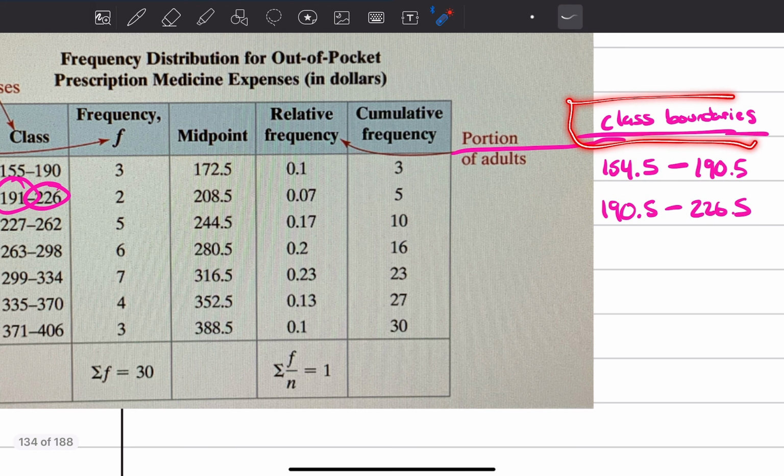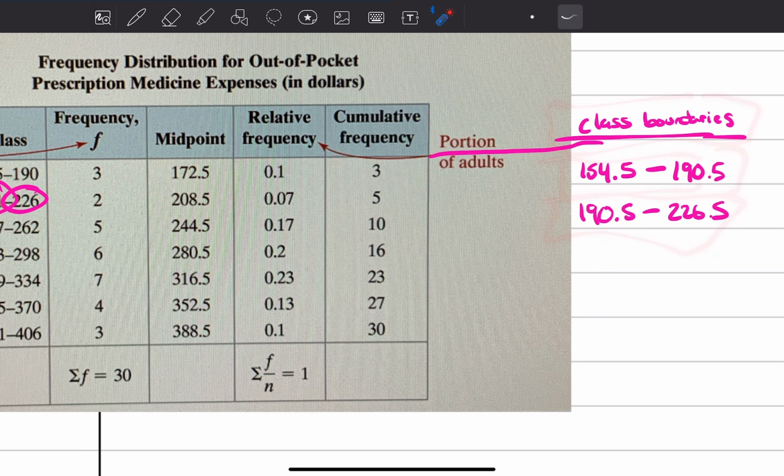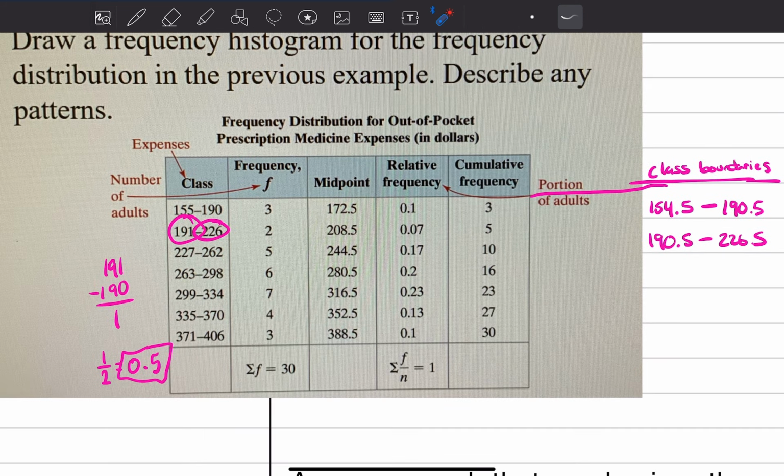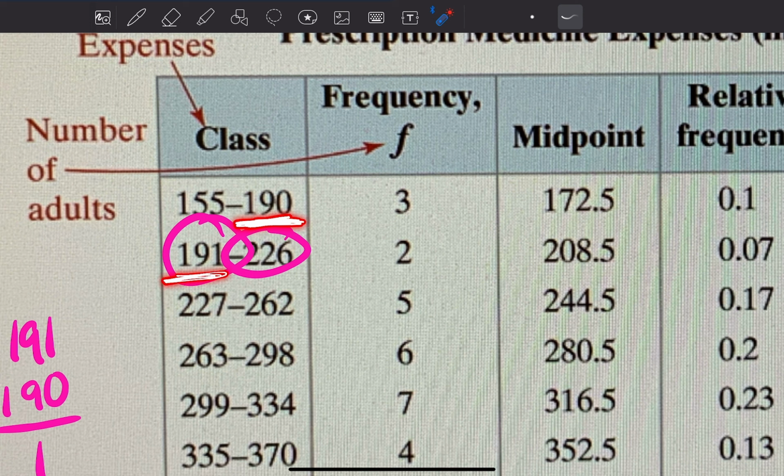These are called class boundaries. They're similar to class limits, but class boundaries ensure that the histograms will touch. The bars will touch. And remember, we added 0.5 because the distance between the upper class limit and the lower class limit was 1, and so we just took half of that.